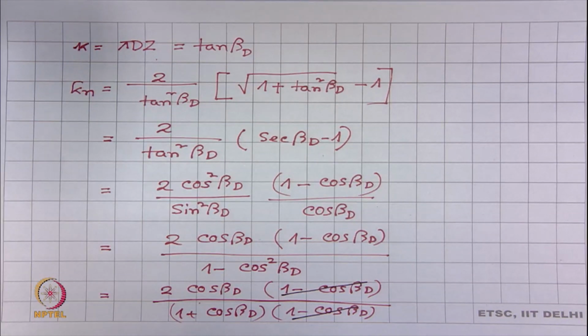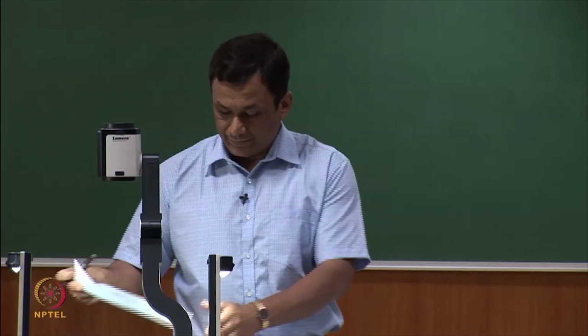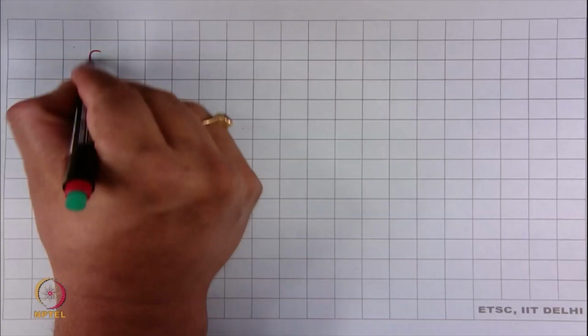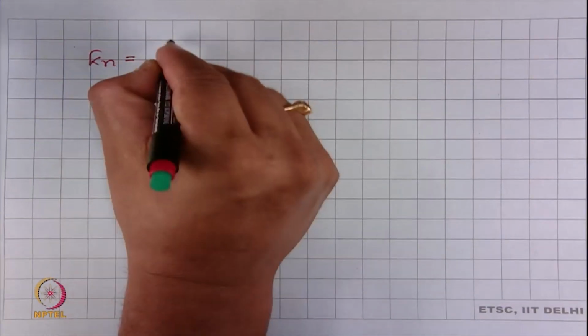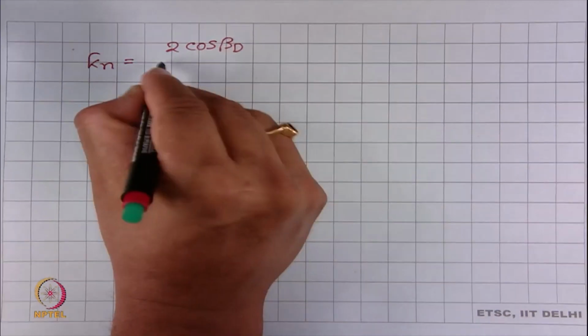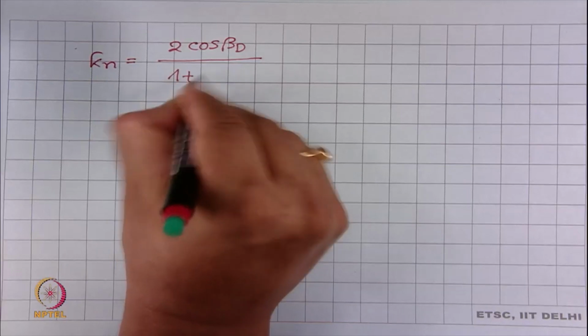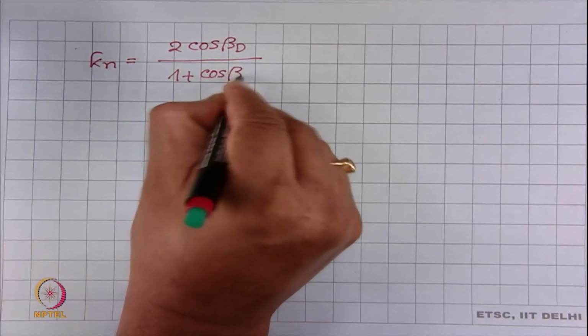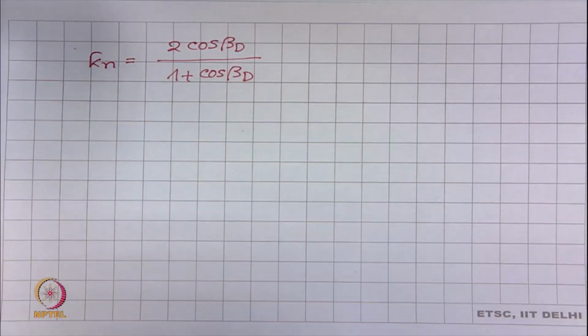So, what we obtain, K n is equal to 2 cos beta d divided by 1 plus cos beta d, is not it? Simple expression.